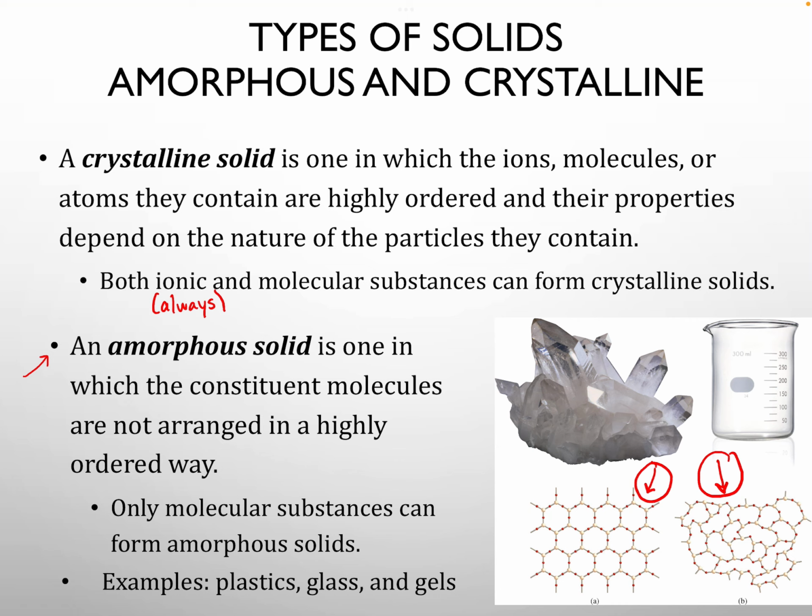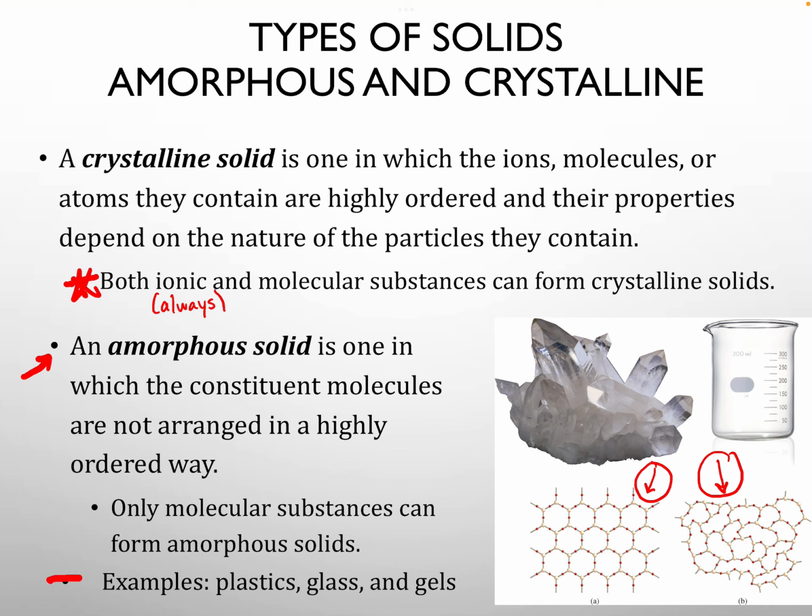Only molecular substances can form amorphous solids. Both of them can form crystalline, and usually our solids are going to be crystalline, okay? Most of the time, I would say like 99% of the time, your substances will form a crystalline solid. But every once in a while, they are going to form an amorphous solid and have their molecules all jumbled up all weird.